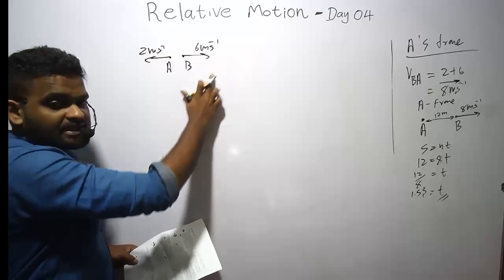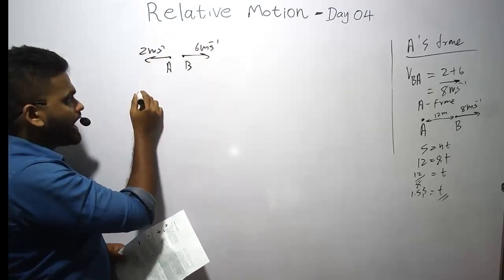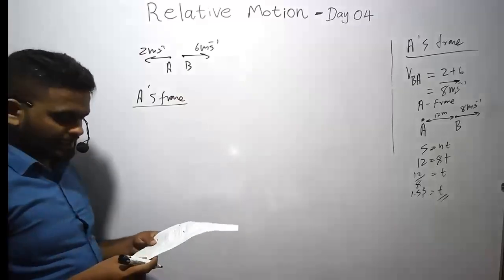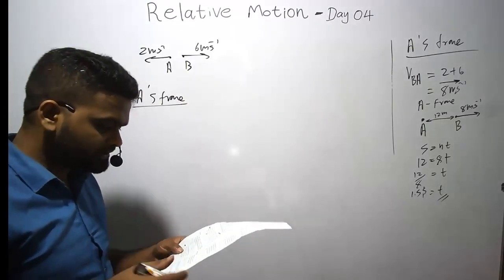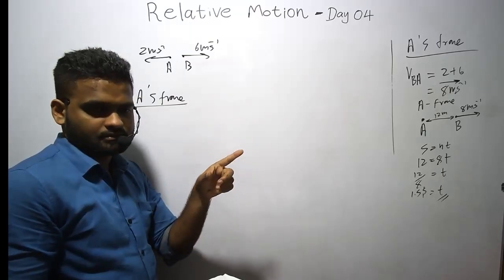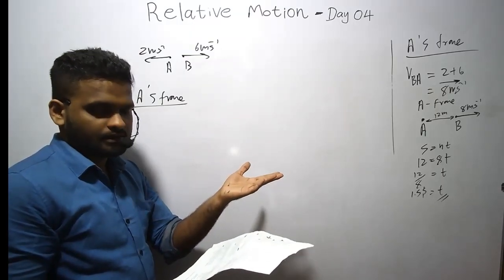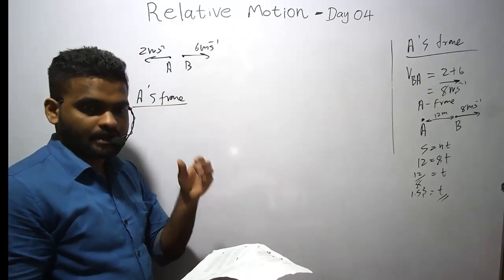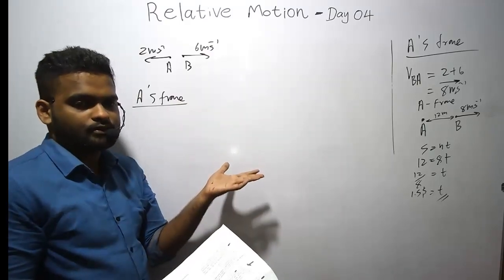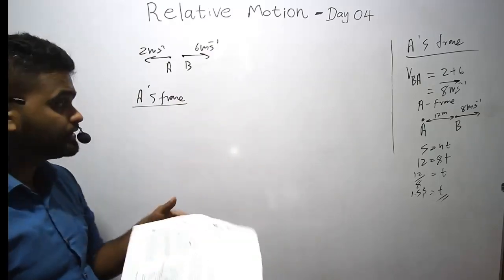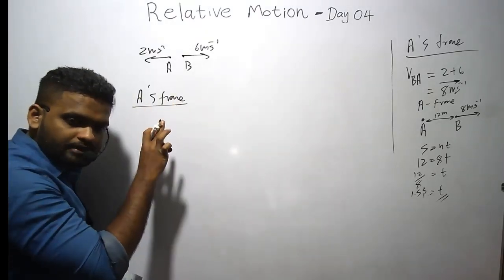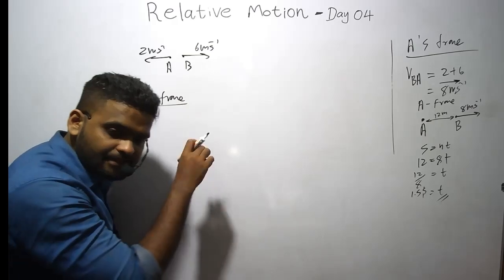So this is happening in Earth's frame. I am thinking about A's frame. Here all you have to do is just add these two velocities and multiply by 10. You get 80. Right? You get the answer there. But I'm explaining what's happening, why we are doing that, right? That's what I'm doing. So in A's frame, I am solving this problem sitting in A's frame.